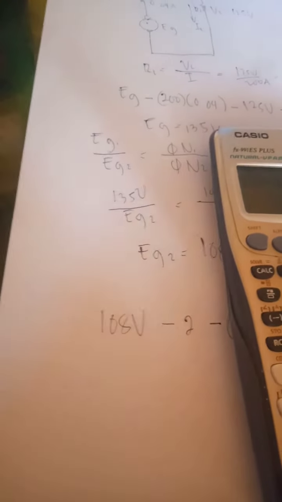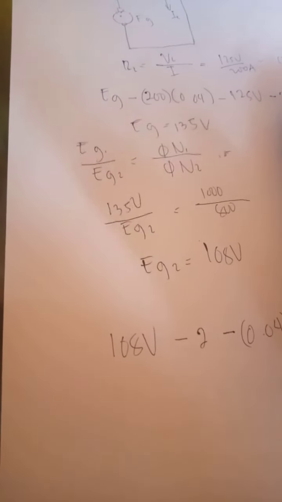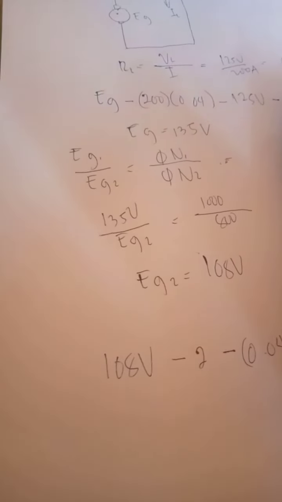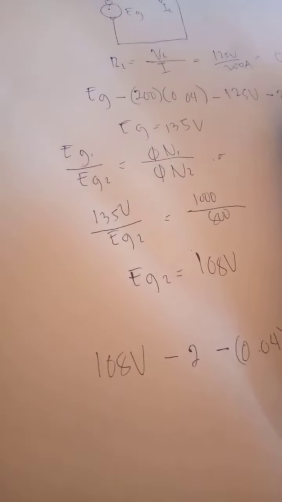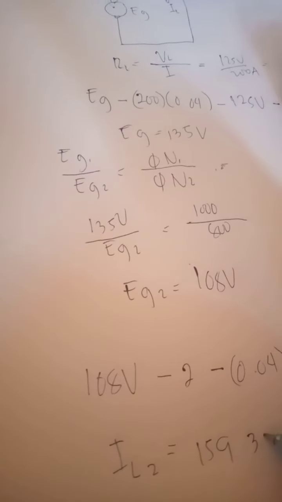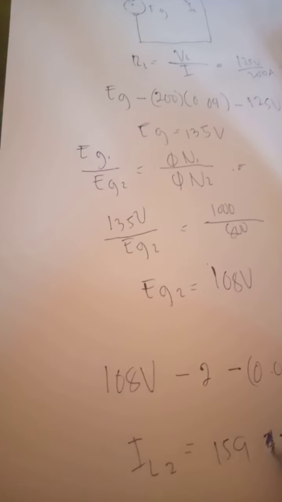Let's solve that. We have 108 minus 2 minus 0.04 times x minus 0.625 times x equals 0. We have our new current is 159.398, or let's say 159.4 amperes. So that's our new current.